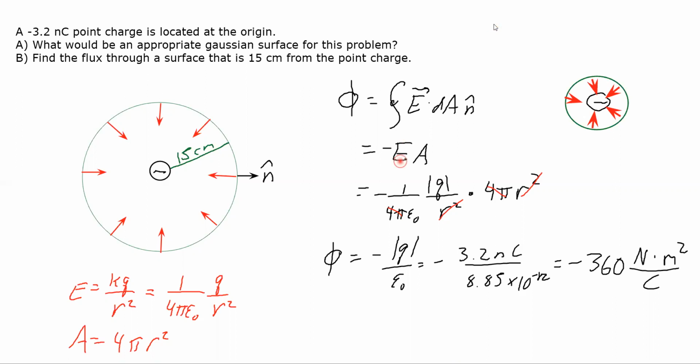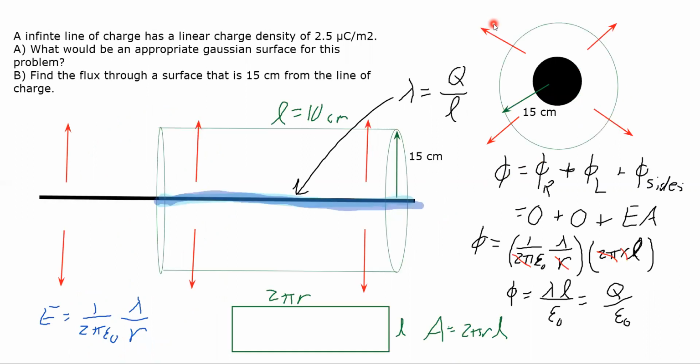Okay, so we're still going to do EA. We're still going to have to think about what area we're plugging in. Like in this case, we did 4 pi r squared for the sphere. In this case, for the cylinder, we did 2 pi RL. Okay, so we're still going to work that out. But flux will always equal the charge over epsilon 0.